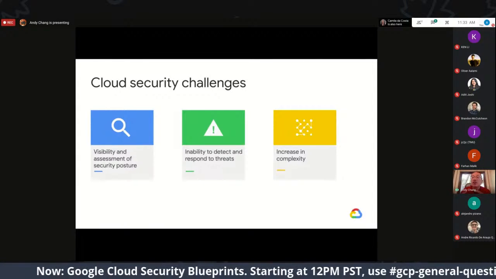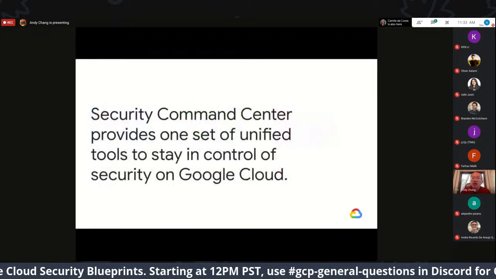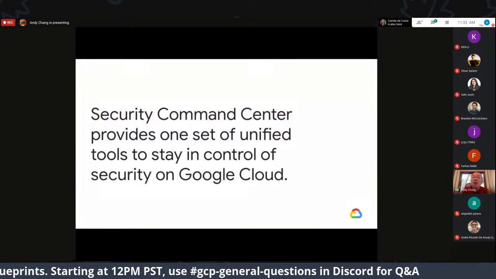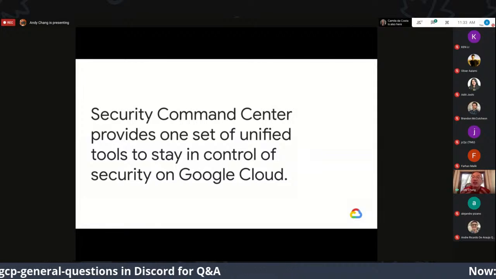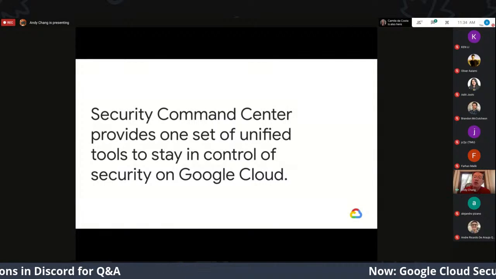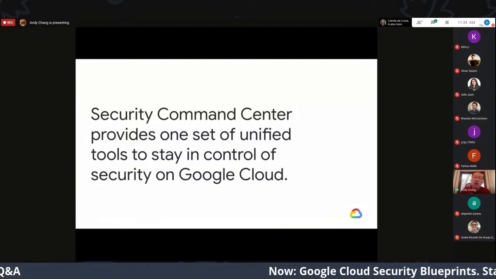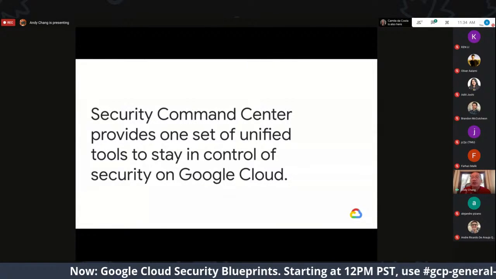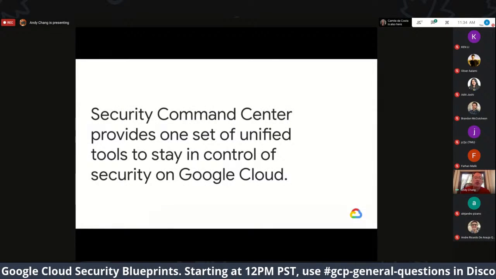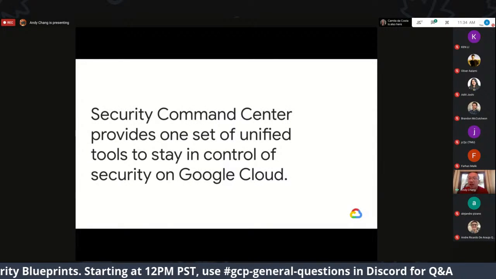And so these are the three things that, when we built the Security Command Center, the purpose is to bring all of that into one place so you can in fact stay in control of the security of whatever you're running on your Google Cloud organization. So the Security Command Center provides you that single place for control across your estate on Google Cloud.